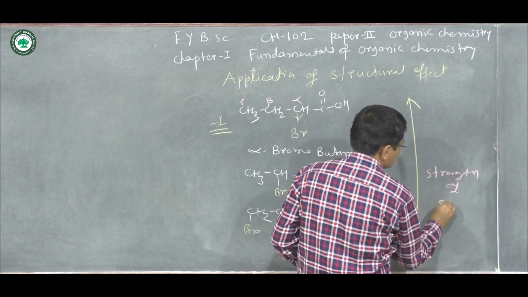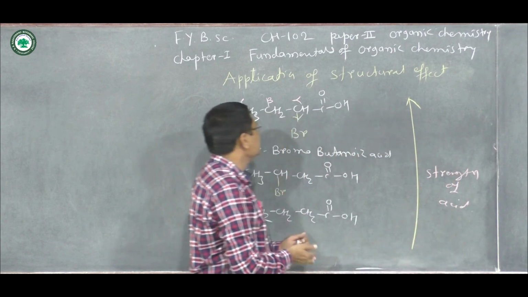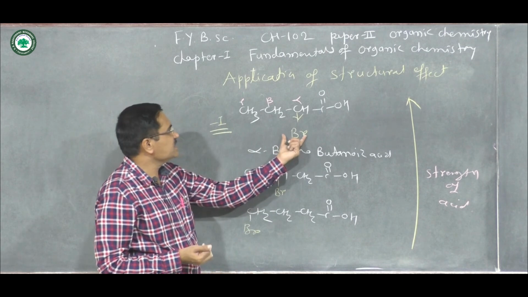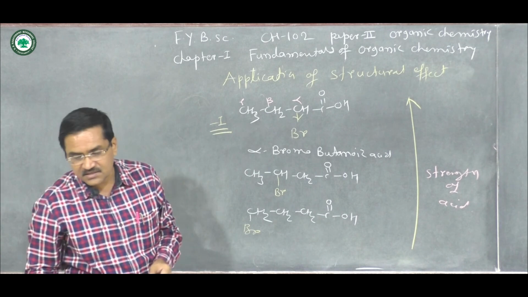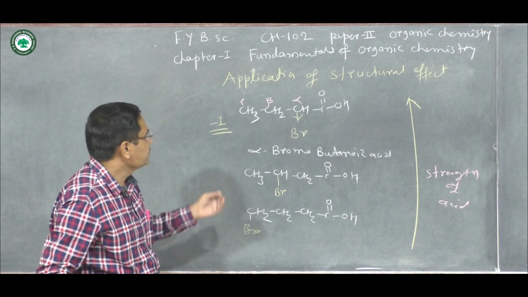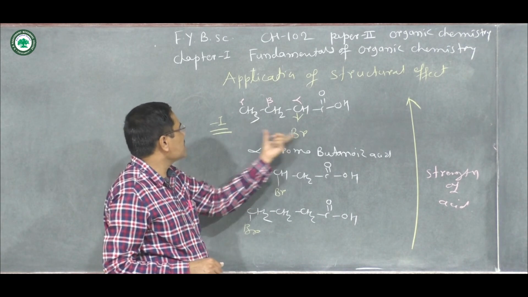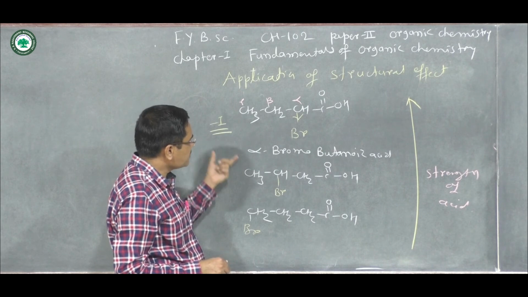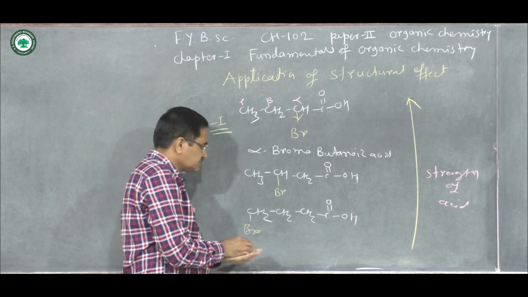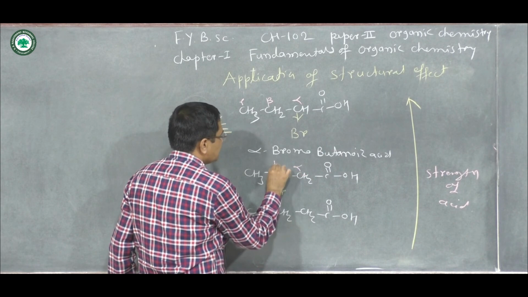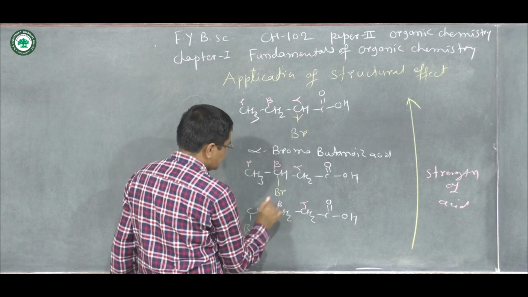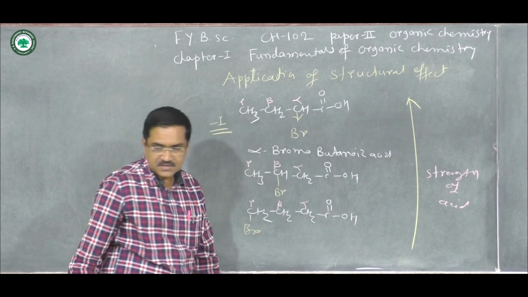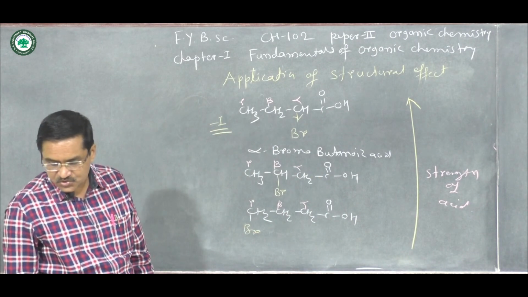Strength of acid increases because this Br is nearer to the COOH group and hence it exerts more minus I effect as compared to this one, because here this is at beta position and here this is at gamma position.